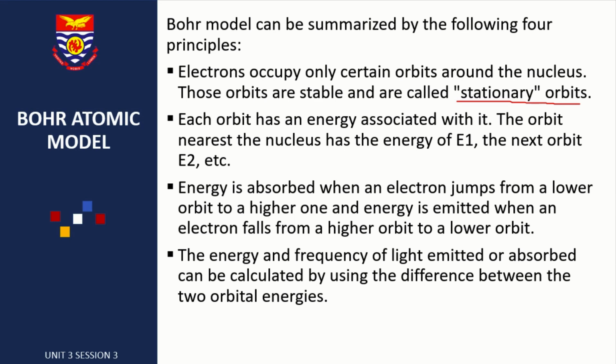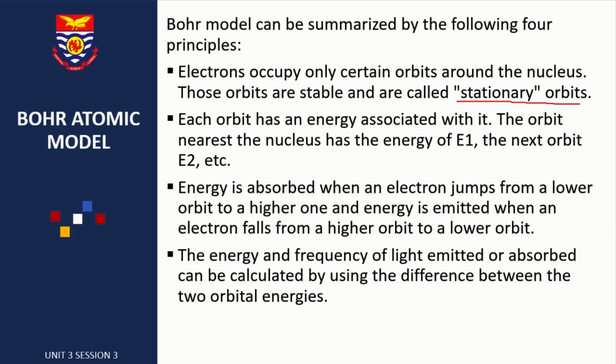The nearest orbit to the nucleus has an energy of E1, moving to E2, E3, E4, E5, going upwards. Energy is absorbed when the electron jumps from a lower orbit to a higher orbit, and energy is emitted when the electron falls from a higher orbit to a lower orbit.